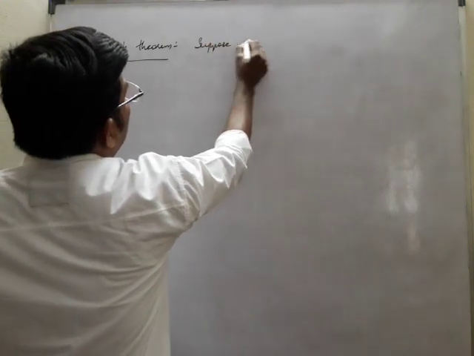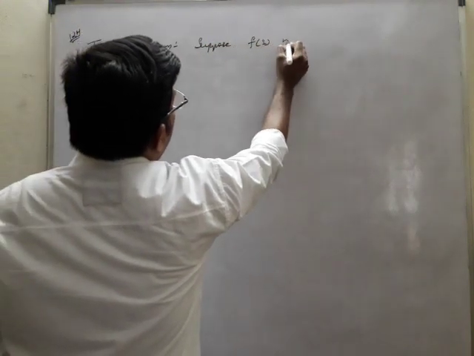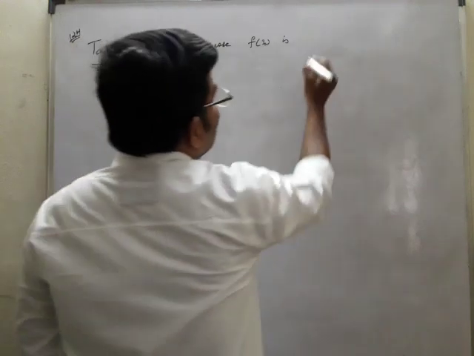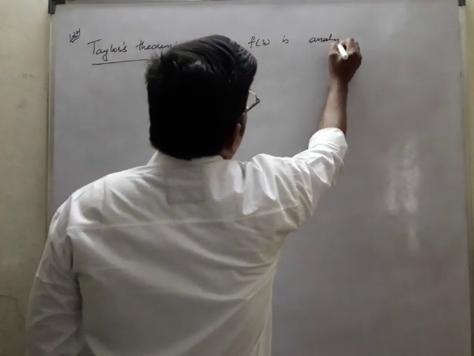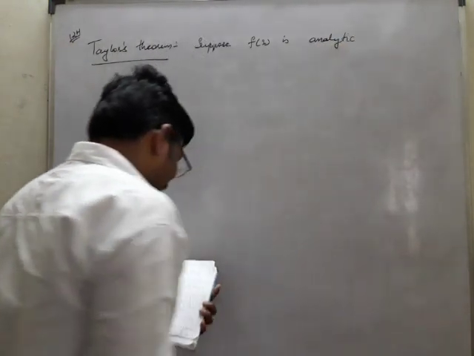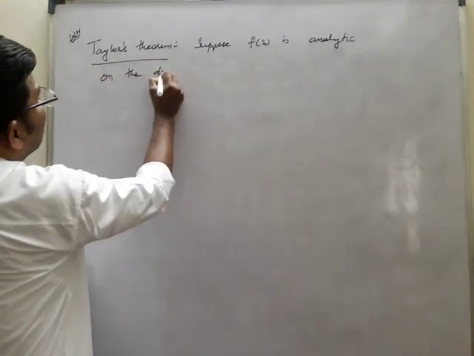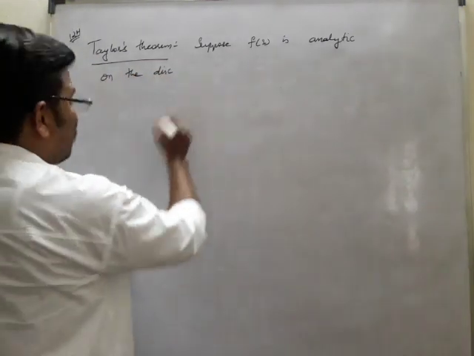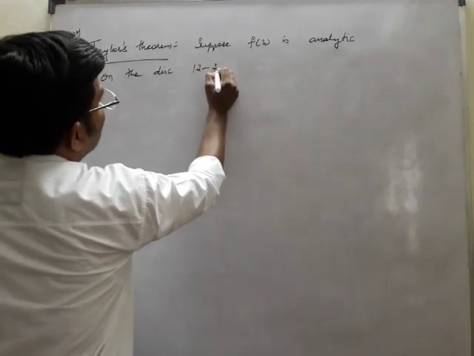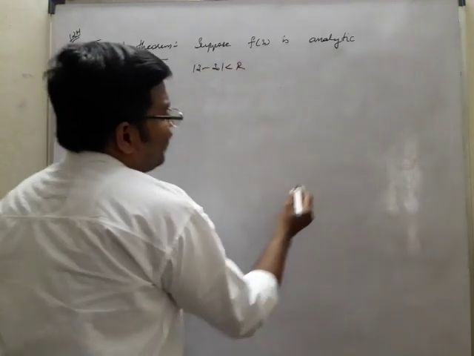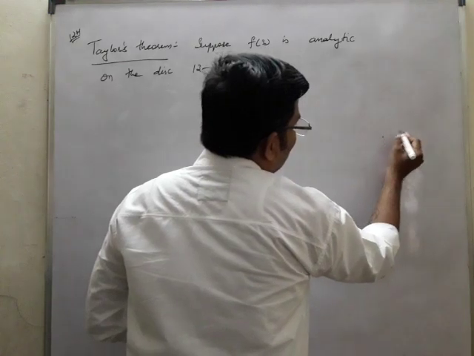Suppose f of z is analytic on the disk mod z minus z naught less than r. Means you take a point here.